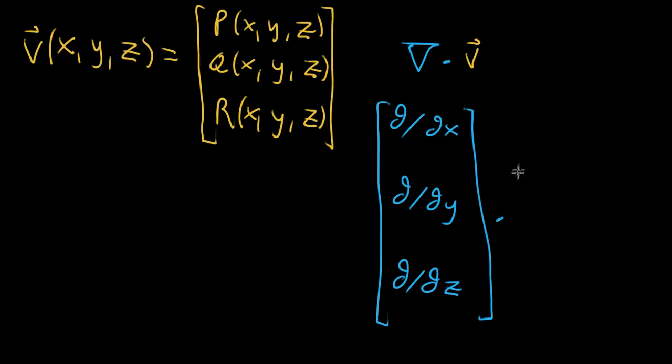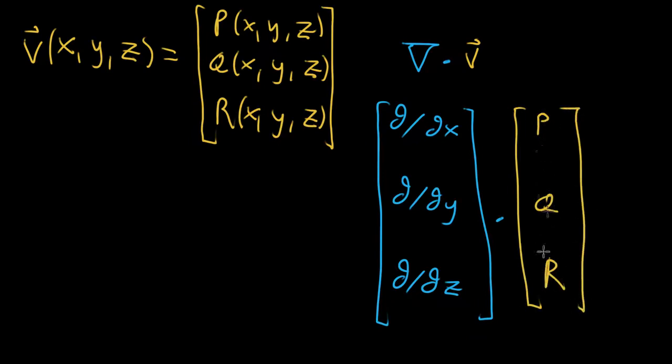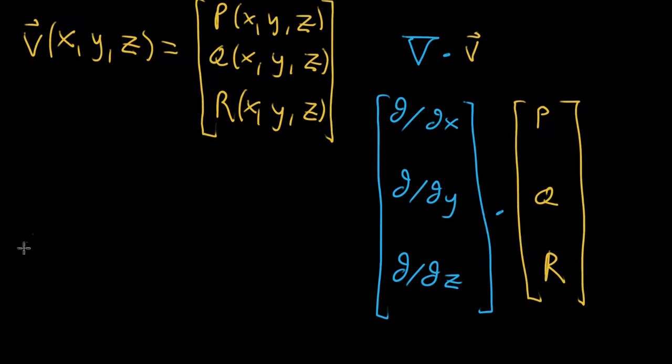And when you imagine taking the dot product between this and your p, q, and r vector valued output, what you'd get is you take that partial x and multiply it with p, which means you're really evaluating at p.